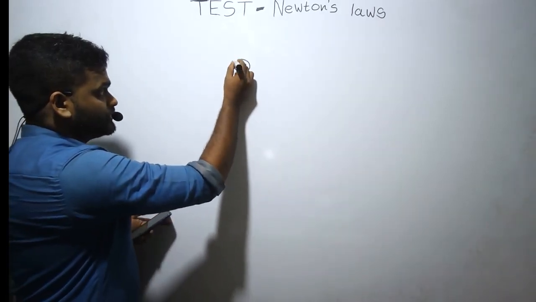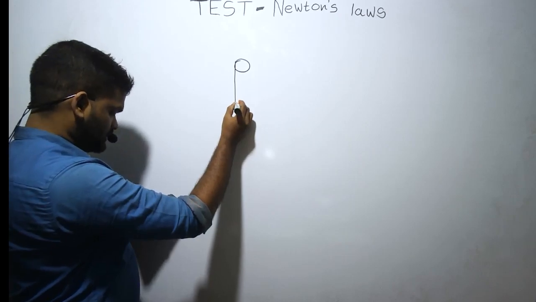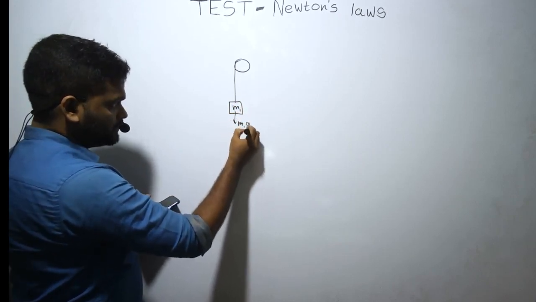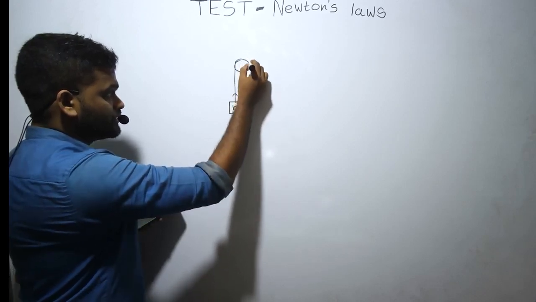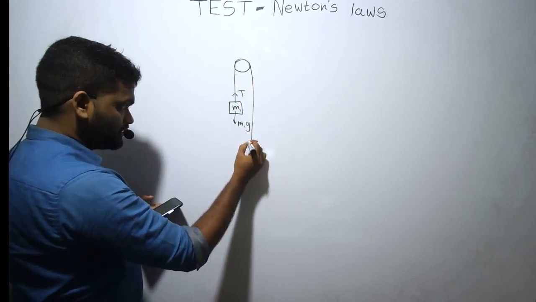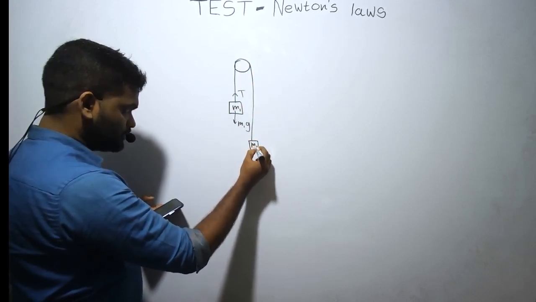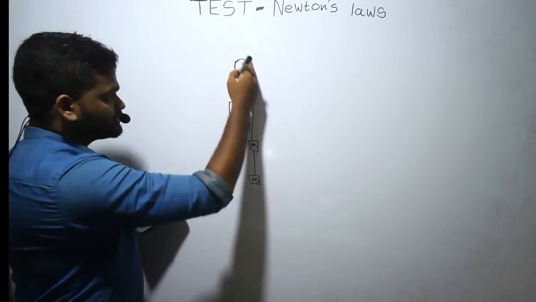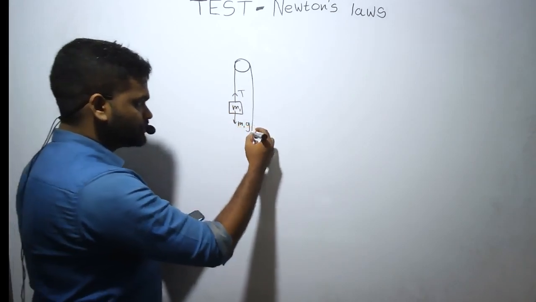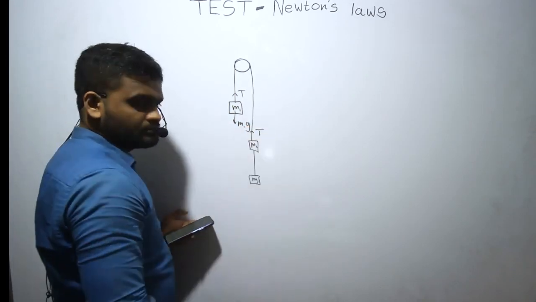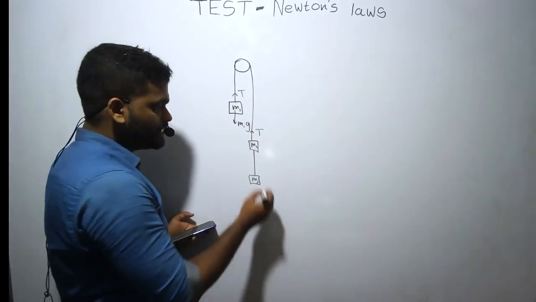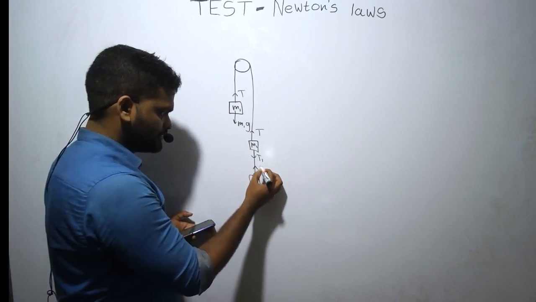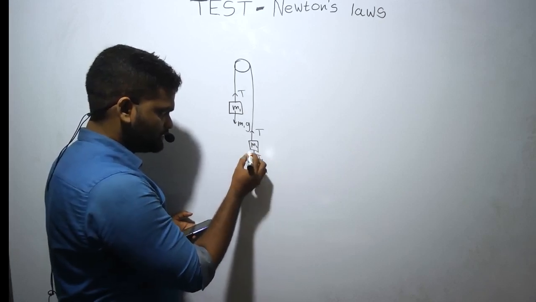So you have this pulley system, M1, and M2 and M3. Since these are light strings, both sides have the same tension. But this is a different part, so it has a different tension: T1 on this one, T1 on this one.